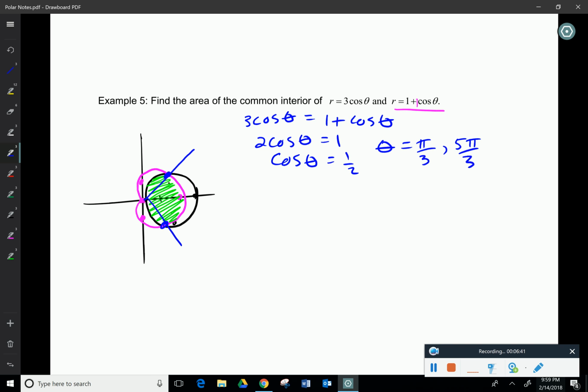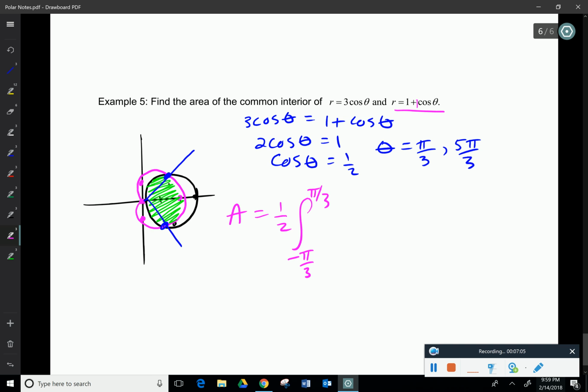All right, so again, if I were to integrate just the pink curve, I would have 1/2 integral, and I'm going to say from negative pi over 3 to positive pi over 3.